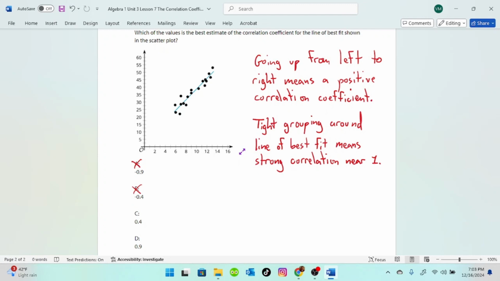So when I look at my choices, if my choices are between a 0.4 and a 0.9, I'm definitely going to choose the 0.9. These points are very closely grouped around that line of best fit. If you were to blur your eyes, you would see these points kind of blur together into a long black line. So therefore, we would say we have a strong positive correlation, and that would be D, 0.9 is our best option here.